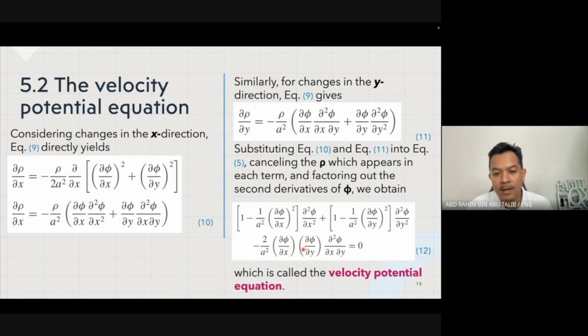So we actually express it in the phi components in x and y without the density value. All right, so you can see that from there there's no density. We have already cancelled out the rho term over there, and this equation 12 is called the velocity potential equation.